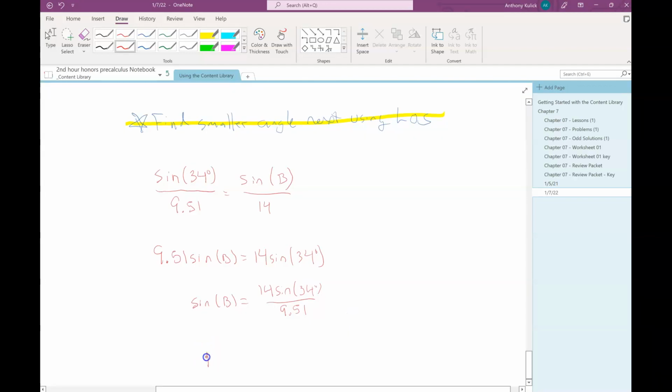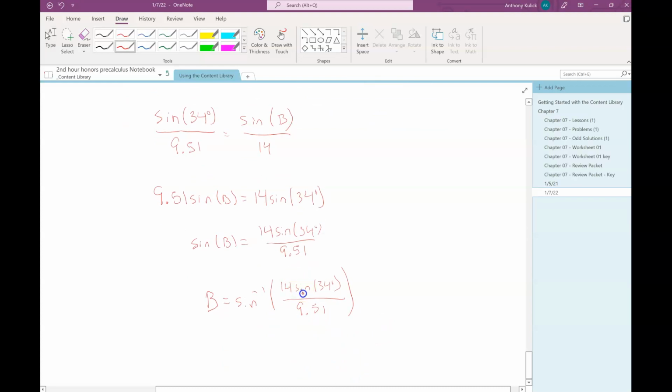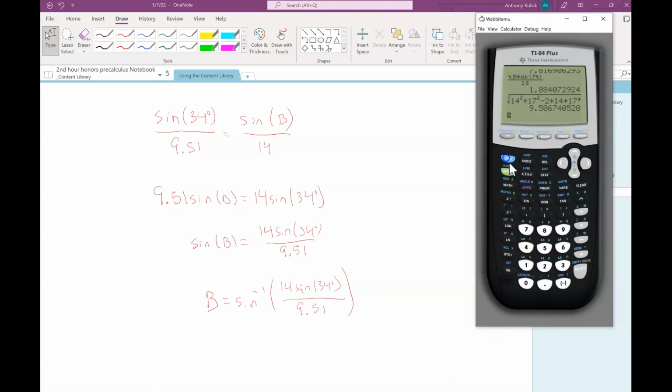And then we do the sine inverse. And now it's calculator time. Everybody feel okay on what we're doing here?